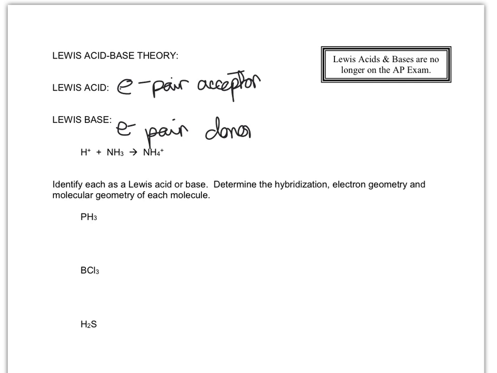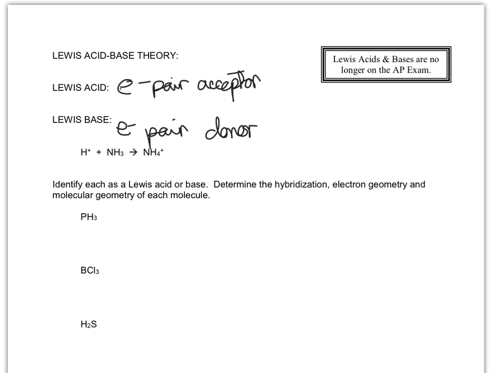The definitions are flipped from Bronsted-Lowry, because an acid, according to Bronsted-Lowry, is a proton donor, but now it's an electron acceptor. And a base, according to Bronsted-Lowry, is a proton acceptor, but now it's an electron donor. So it's a little bit confusing in that regard.